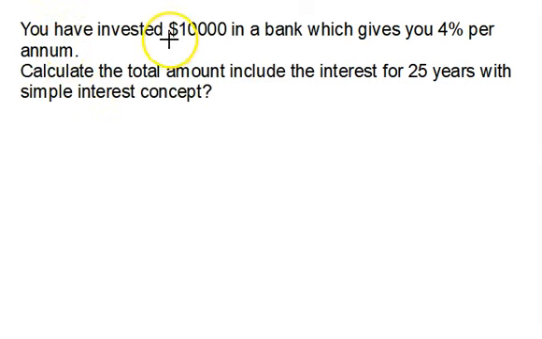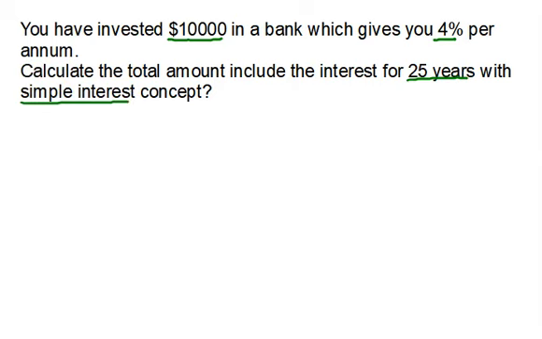You have invested 10,000 in a bank, which gives you 4% per annum as interest. So calculate the total amount, including the interest, for 25 years with the simple interest concept.